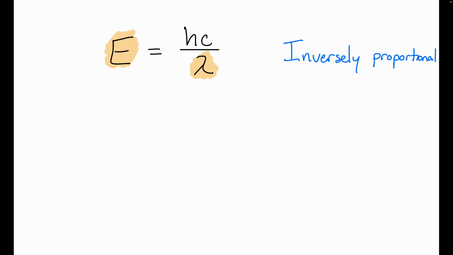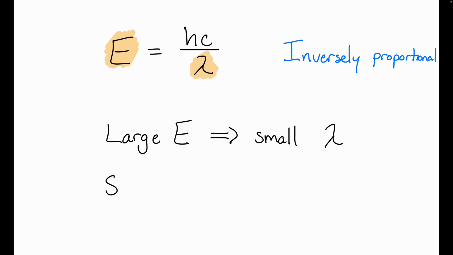All right, so what does that mean? Well, if I have a large energy for my photon, what does that mean about its wavelength? Is it going to be big or little? It's going to have to be a small lambda. Likewise, a small energy implies a large lambda. Right? These are inversely proportional with one another.